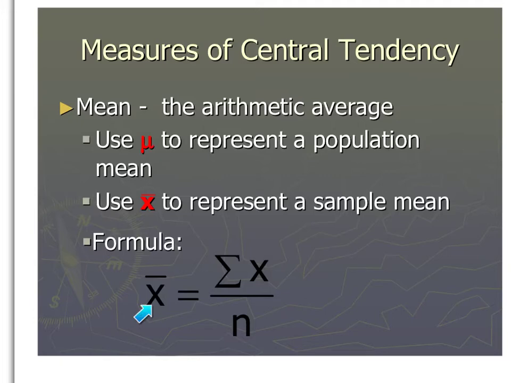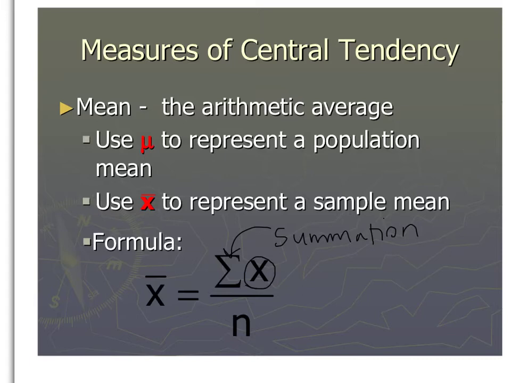It says that the sample mean, x bar, is equal to the summation of all of our data values divided by the number of data values that we have. So again, this uppercase E looking thing is called a capital sigma in Greek, and it just stands for summation, and it means to add everything up that's behind it, which in this case behind it is x, which just means every data value that you have.